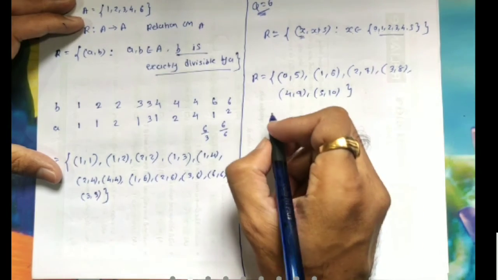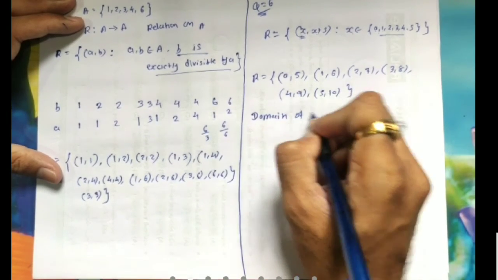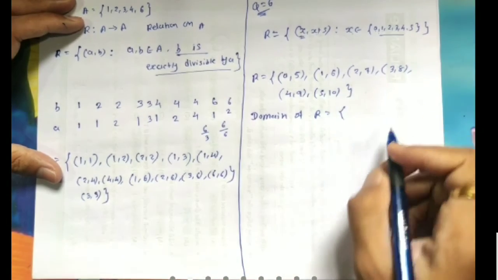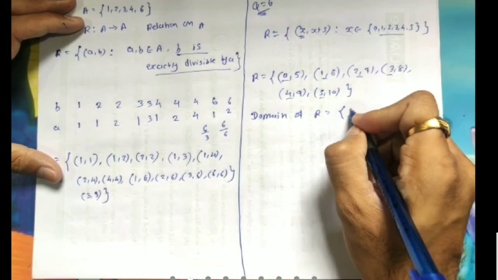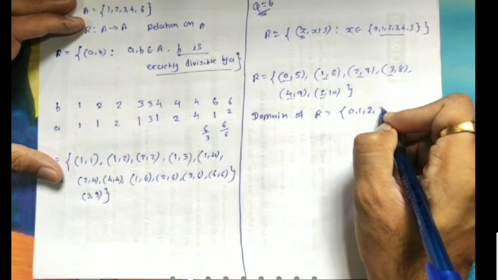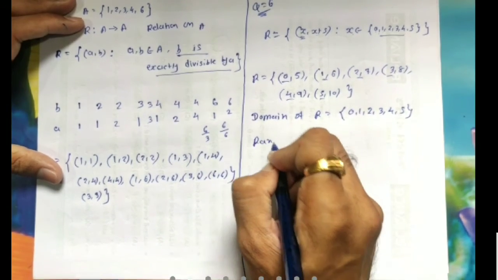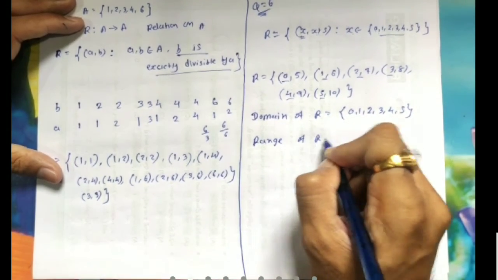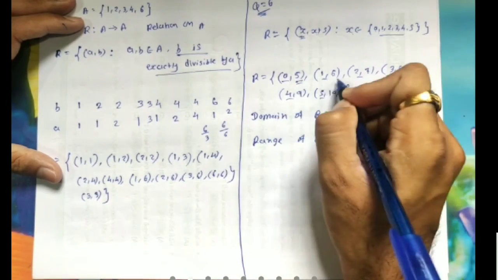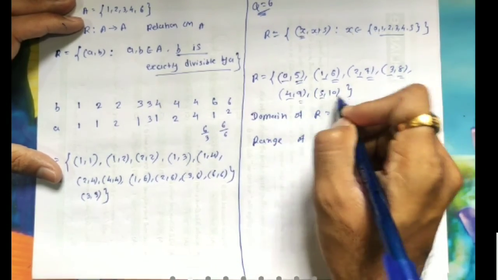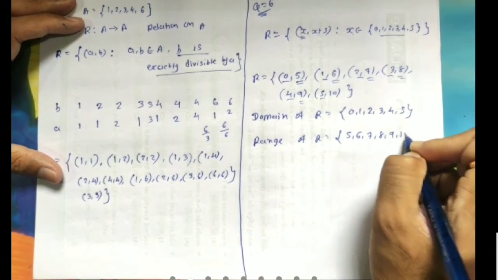Now for this relation you have to write the domain of R, the set of all first elements: 0, 1, 2, 3, 4 and 5. That is the domain. Now the range of R is the set of second elements: 5, 6, 7, 8, 9, 10.